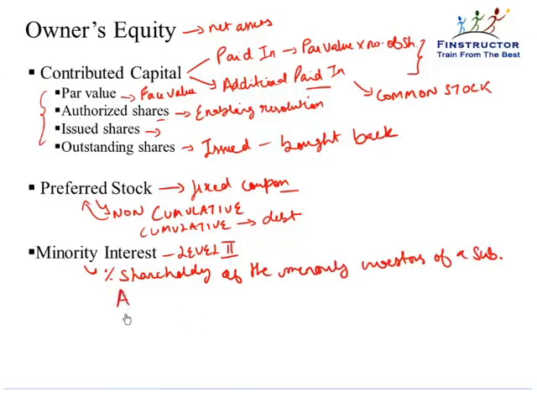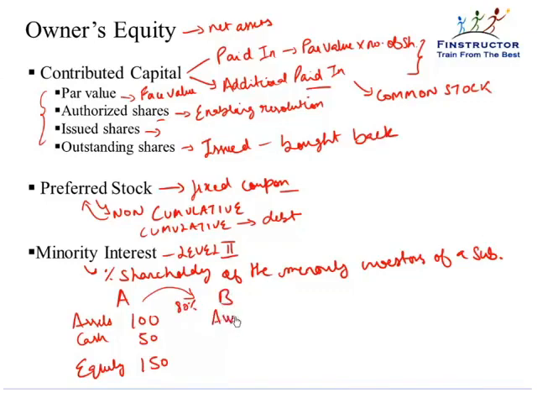If I'm the parent company, company A, having assets of, let's say, $100 and a cash on books of $50 and a total equity of $150, and I own 80% of a company B which has assets of $50 and an equity of $50, then the accounting guidelines mandate that I have to report my accounts on a fully consolidated basis, or the full consolidation method needs to be applied.